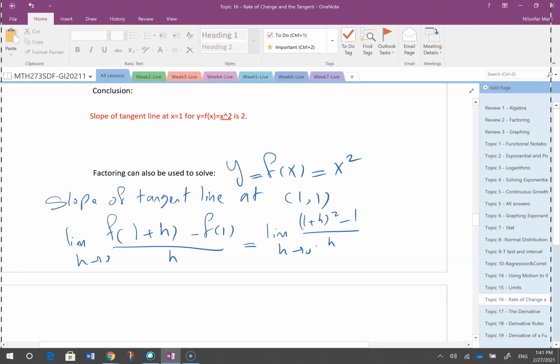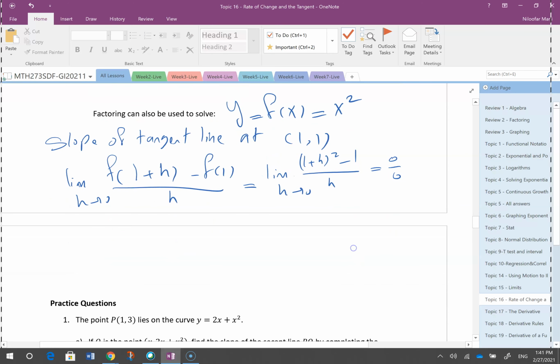You would say, if I put h equals 0, then it will be 0 over 0. I say, remember limit, you can expand. You have 0 over 0, so I can do that. (1 plus h squared plus 2h) minus 1 divided by h, h goes to 0. 1 and 1 cancel.